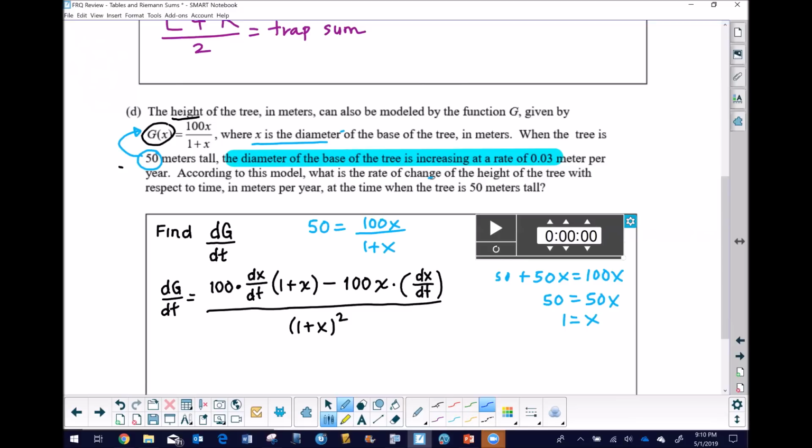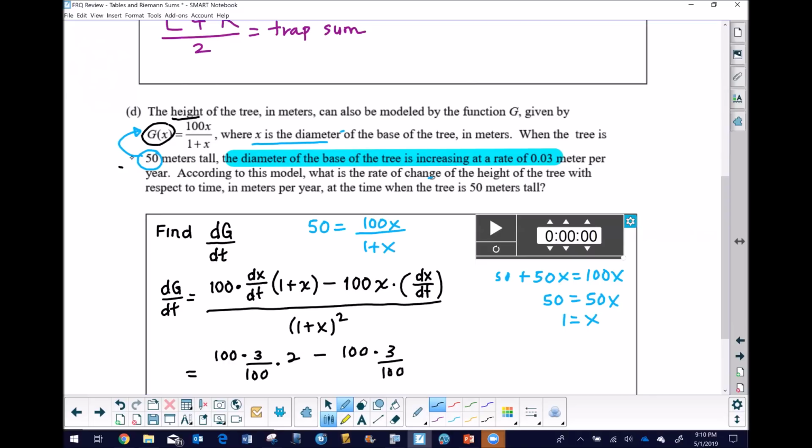So when all of this is put together, you have 100 times 0.03. Not a big fan of 0.03. I'm a bigger fan of 3 over 100, I'll be honest. X is 1, we've already talked about that. X is 1 again, I'm just going to write 100. And then we've got another 3 over 100 here.